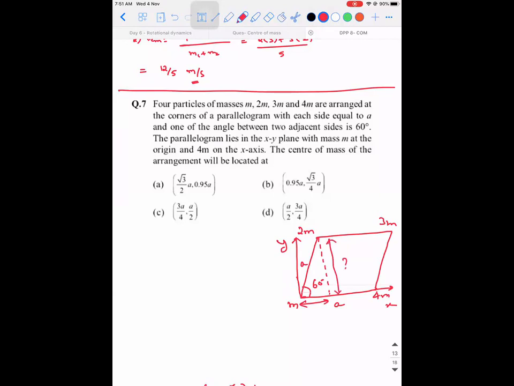You guys tell me. What is the x value of this? What is the y value of this? A simple right angle triangle.